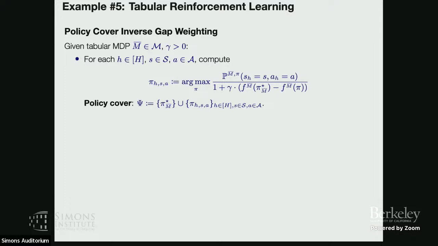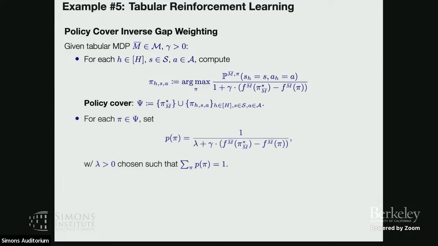And then in the denominator, we're going to have the suboptimality of this policy in the reference model. So this is trying to balance hitting states that you care about, but not making your regret too big while you do this. The way you get your policy cover is to compute this homing policy for every HSA, put these all together, and also put the greedy policy in this set. Once you have this policy cover, you just do the same strategy as for bandits, but only on the policies in the policy cover, and that's it.